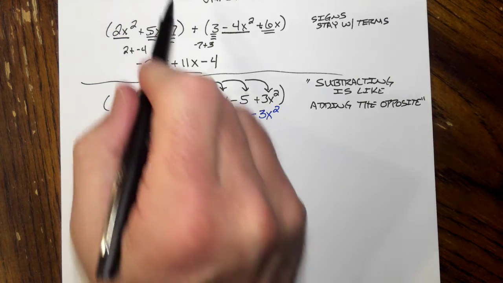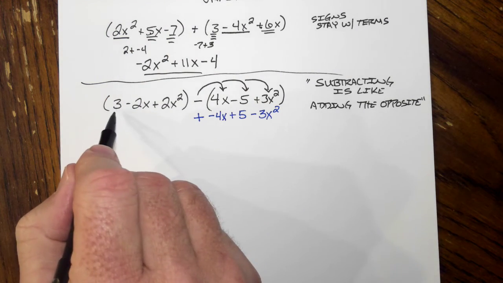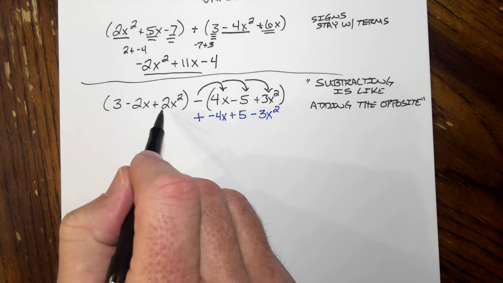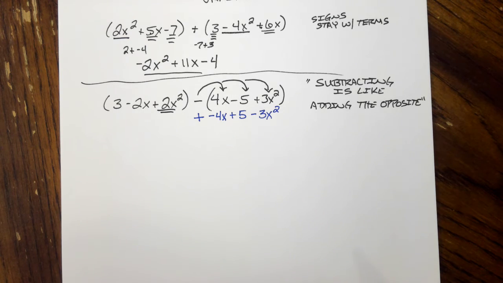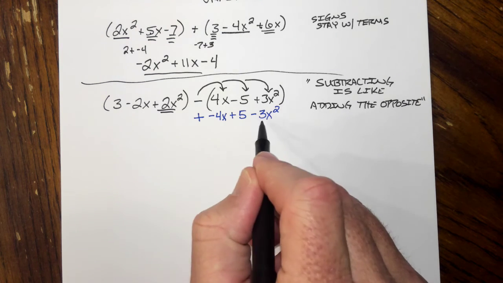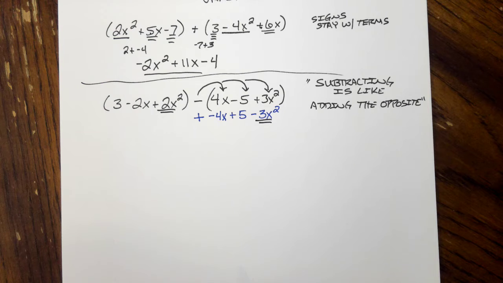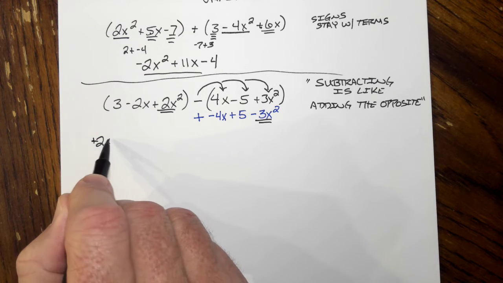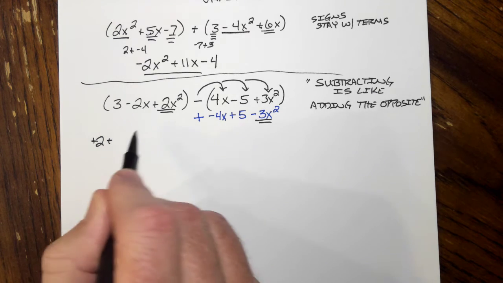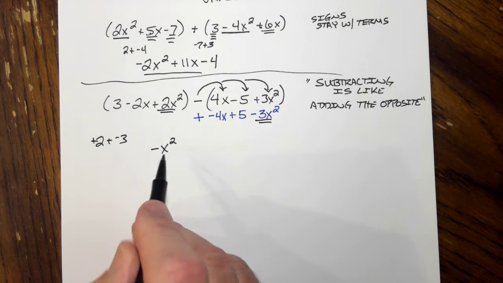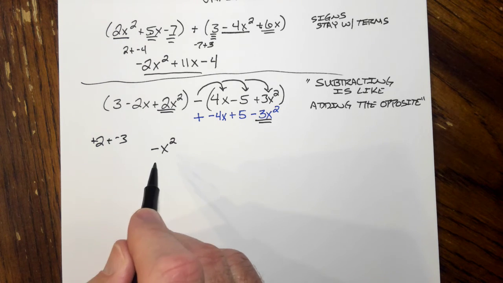Sum, collect like terms. So here I'm going to go in descending order so I get standard form. There's my highest degree polynomial. So I find a 2x squared plus a negative 3x squared. Positive 2 plus negative 3 gives us negative x squared, or some of you might write negative 1x squared.